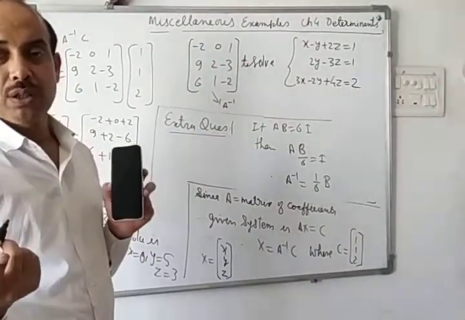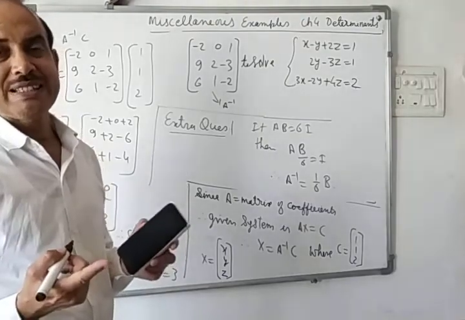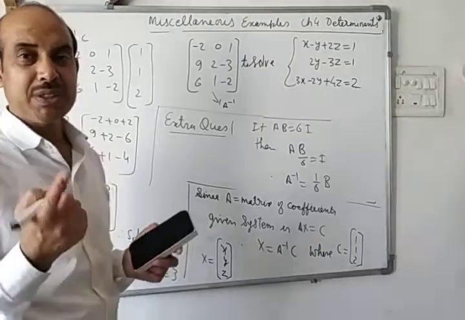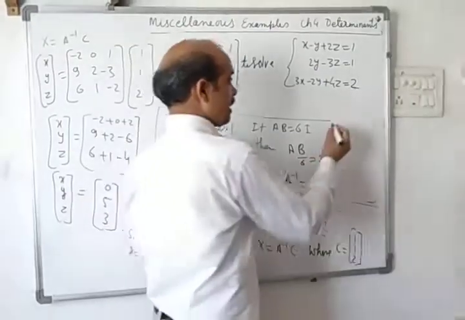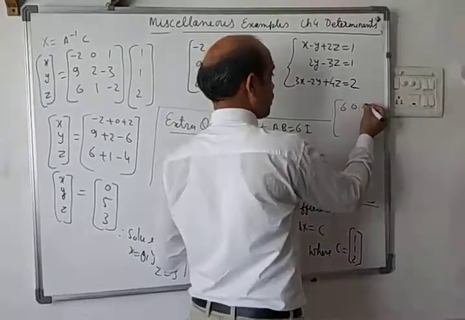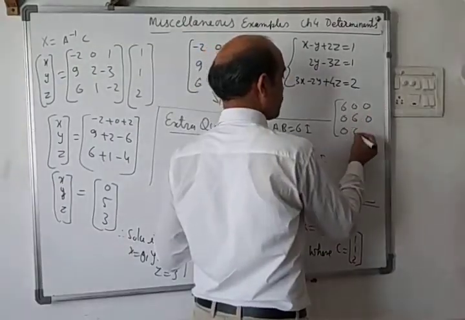So if the product of two matrices is not directly identity, it may be some multiple of identity. You can take, it may be like this, 6 0 0 0 6 0 0 0 6.